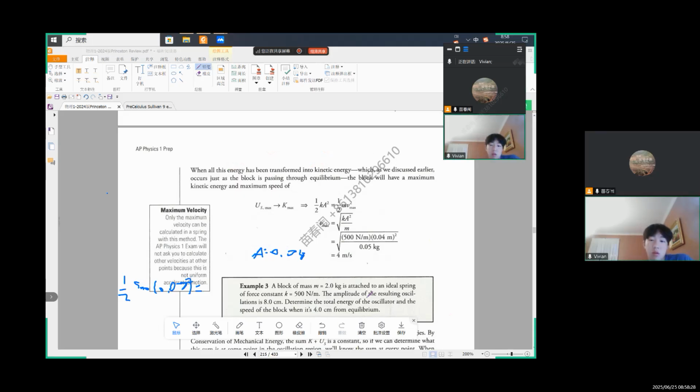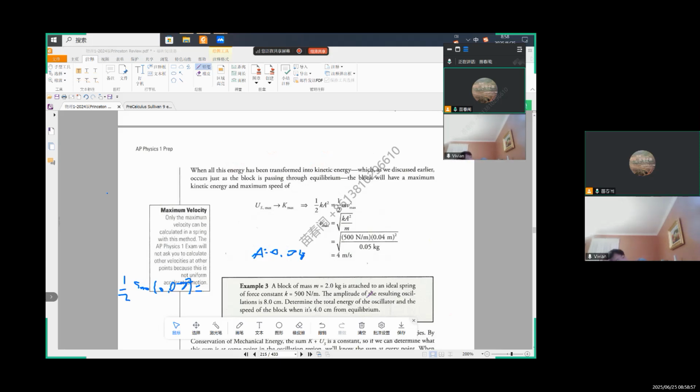What do they mean by the total energy of the oscillator? Well, when you pull, or when you compress, if you press, then you can have the energy all in elastic, right?